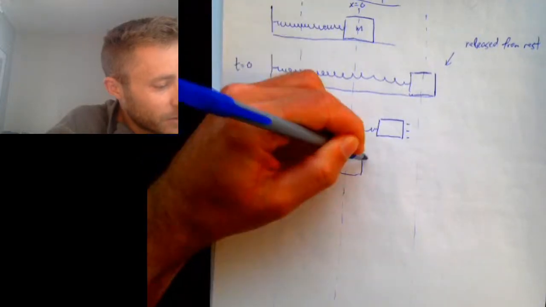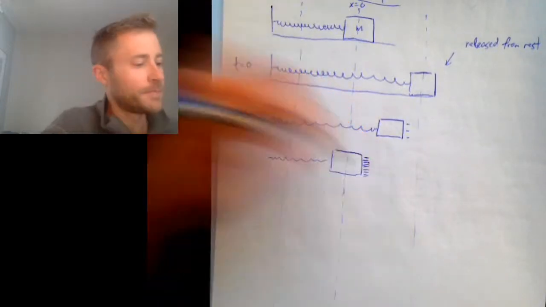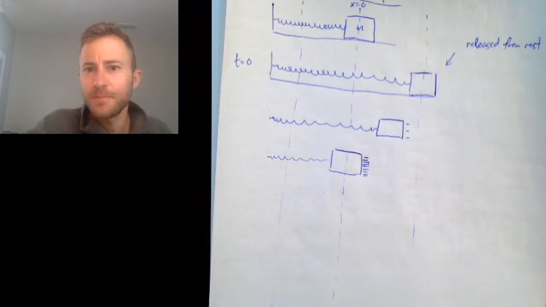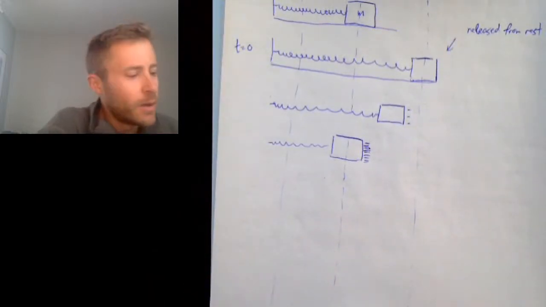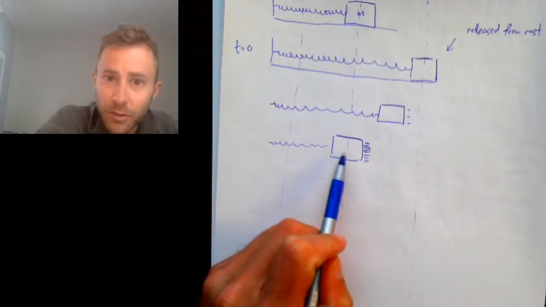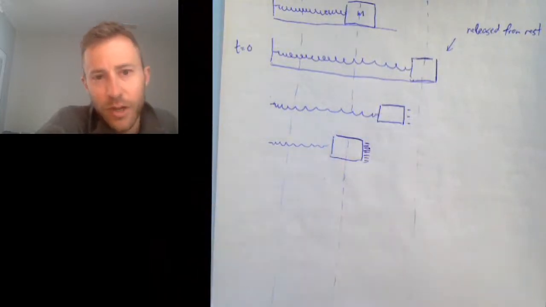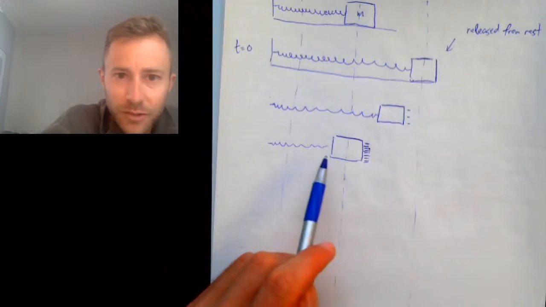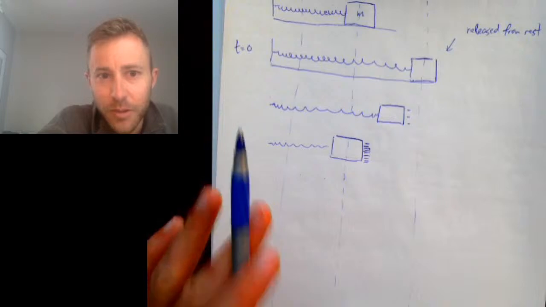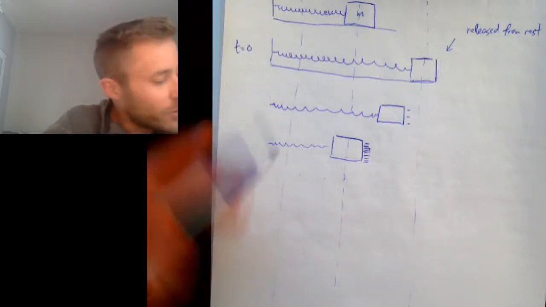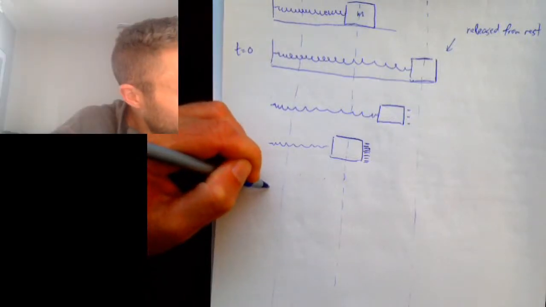So it's going really fast now. But then once it passes through equilibrium, the spring isn't stretched. Now it starts to compress the spring. Because the spring is being compressed, it's going to start to slow down.